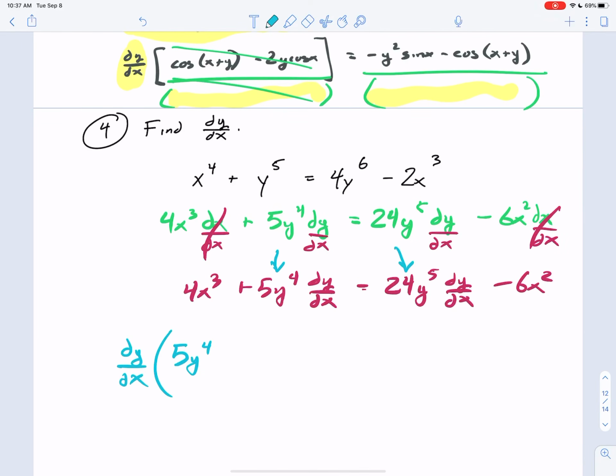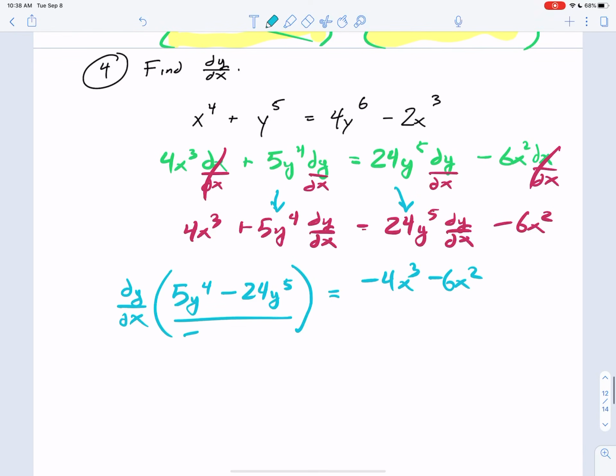I know that I'm going to bring a 24y to the fifth over, so I have to go opposite and subtract 24y to the fifth. That is how you skip a bunch of steps. Now on the right side, negative 6x squared stays there, but 4x cubed is going to go opposite. And then you divide.